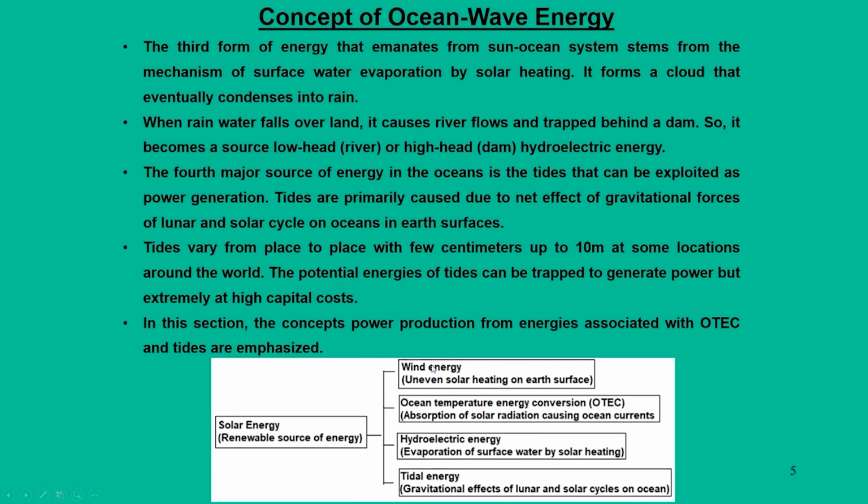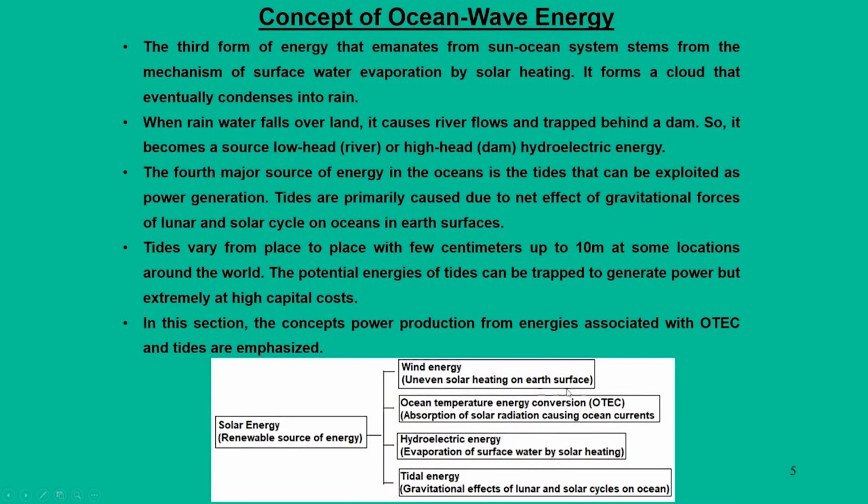One is wind energy, and this wind energy comes due to uneven solar heating of the earth's surface, as we have seen in our previous two lectures. So, to harness wind energy, you have to incorporate the concept of wind turbines.